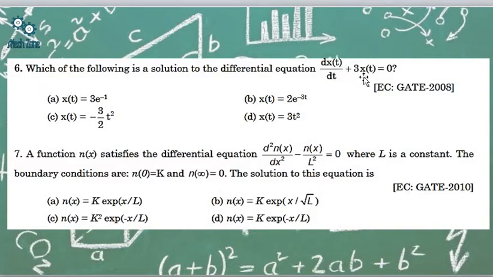So dx by dt plus 3x is equal to 0. Since the right hand side is 0, the particular integral will be simply 0. Okay, and the auxiliary equation would be D plus 3 is equal to 0.